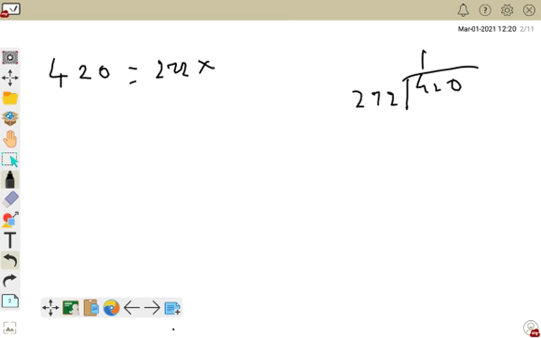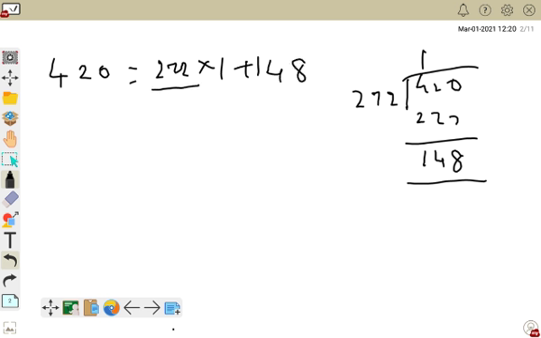So it is 1 times, 272 வந்து remainder வந்து 148. So 272 into 1 plus 148. Again this becomes A. So 272 is equal to 148 into 1. Again remainder will be 124.